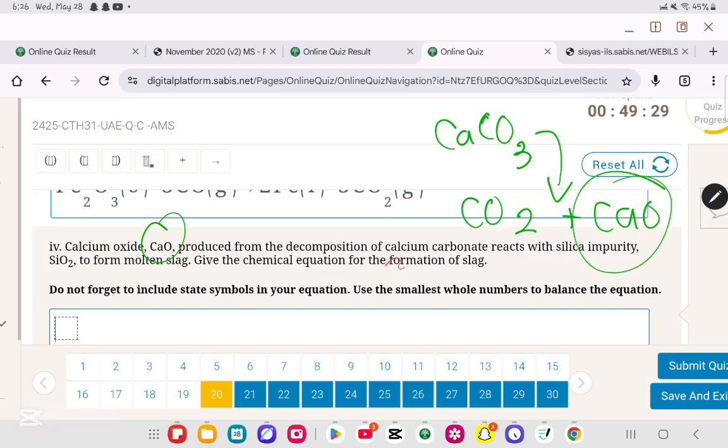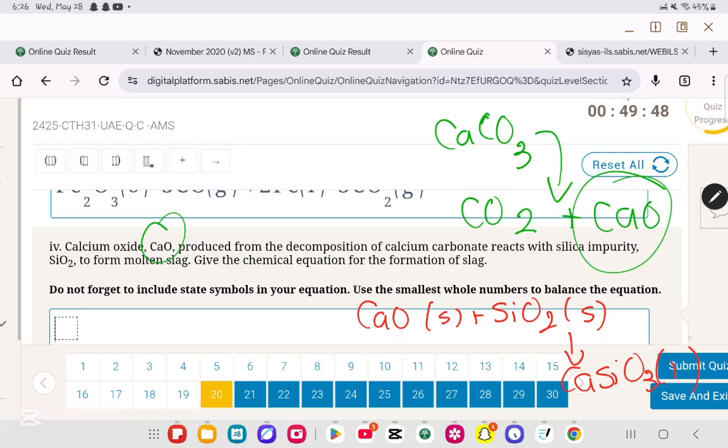Now what do we do with the calcium oxide? It is, by the way, a solid. It will react with sand, which is SiO2, solid, to form CaSiO3. This is known as slag.